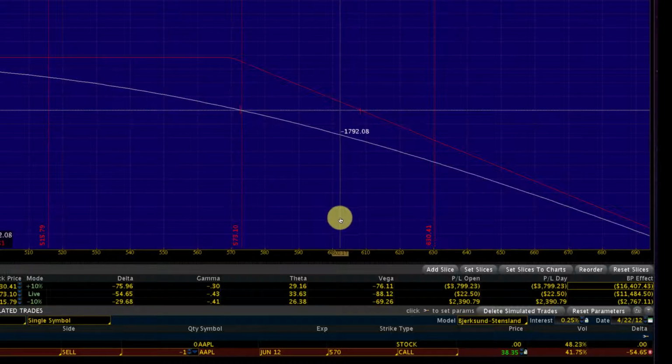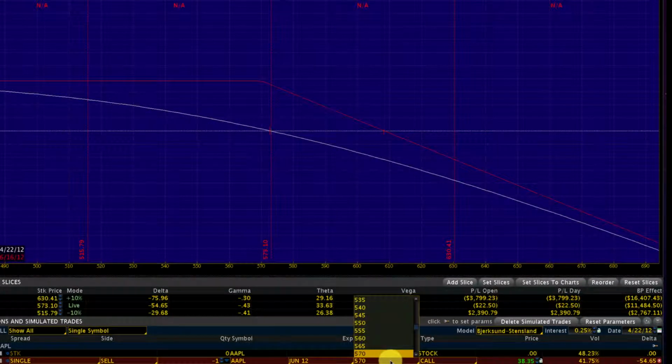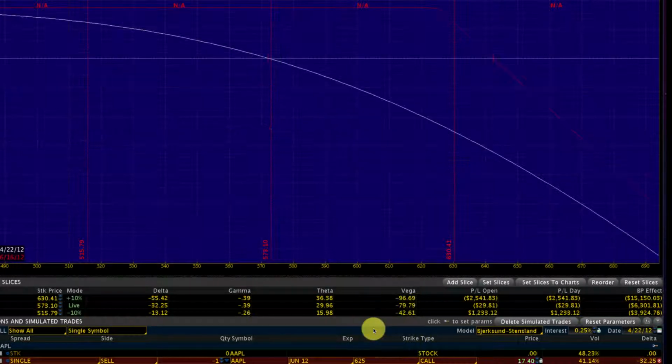Now let's look at our 625 call. All I need to do is change this to my strike price of 625, and you'll immediately see the red line changes direction right here. So that's where our strike price is, at 625. Beyond it is the break-even price, which is the strike price plus the premium.